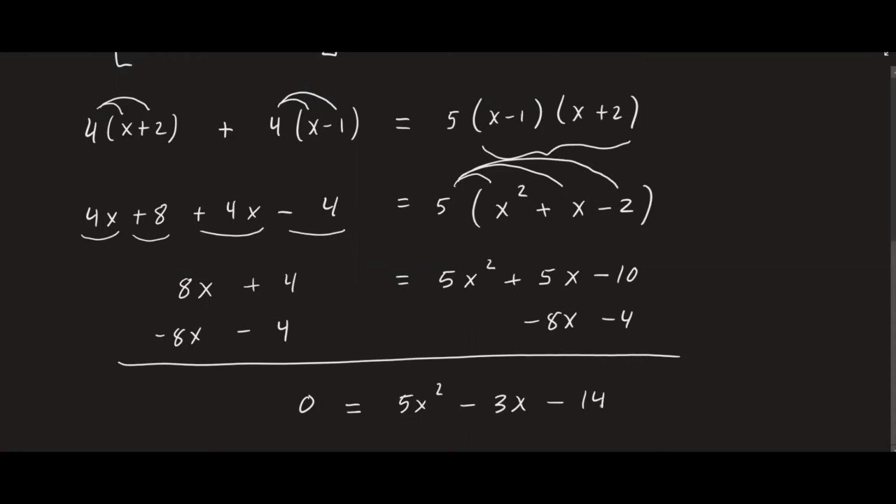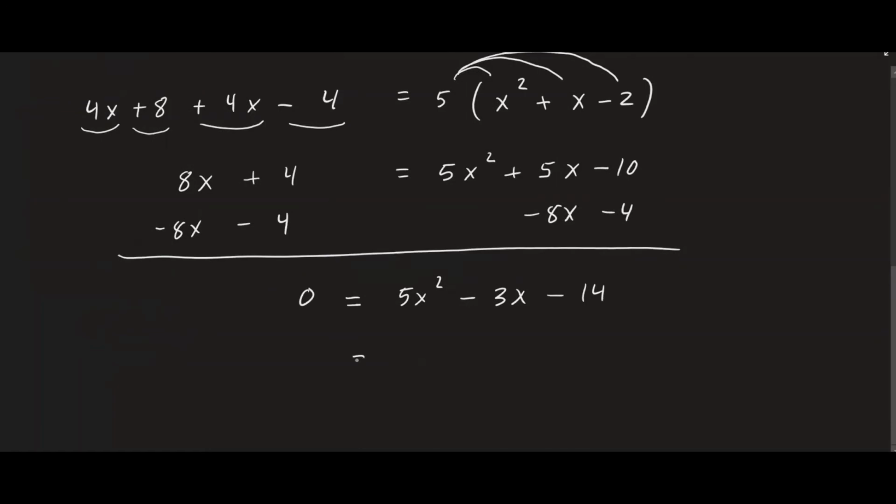So that's what we get on the right side. Now here, it's a quadratic, so you have options for how you're going to solve this. I'm going to see if I can either factor this or use the quadratic formula. Looks like this is factorable, so let's go ahead and factor.